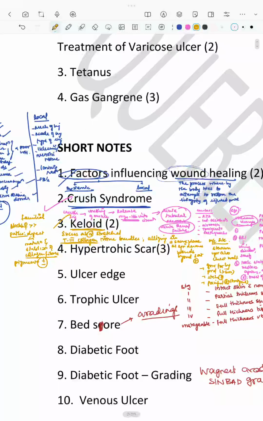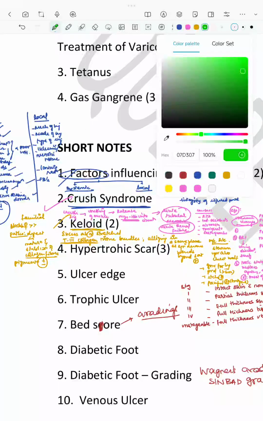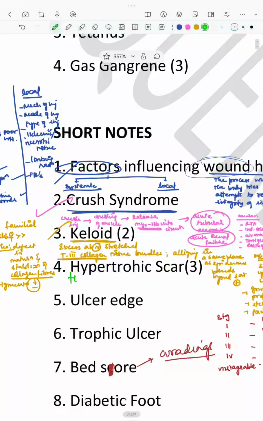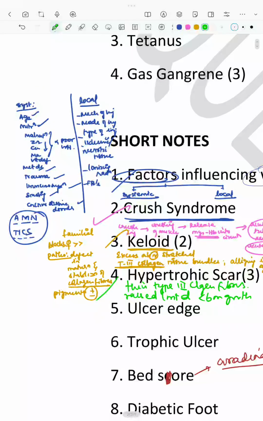Next, hypertrophic scar. Here there are thin type 3 collagen fibers. It is raised and limited, with growth for less than 6 months and no genetic predisposition.